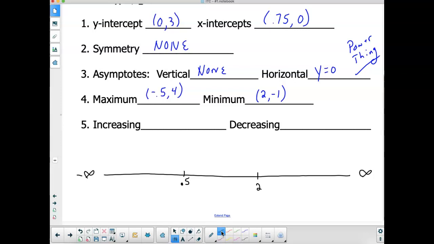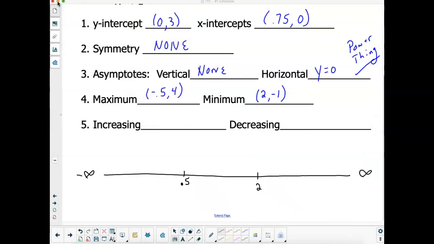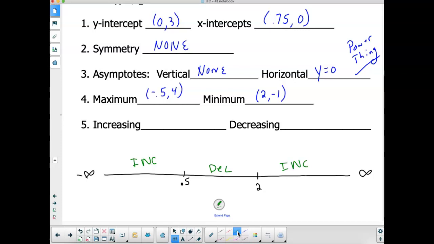Now as you're looking at your graph, what happened is I was increasing to negative 0.5, then I decreased to 2, then I increased forever and ever. So I increased, then I decreased, then I increased. So it's like an M.